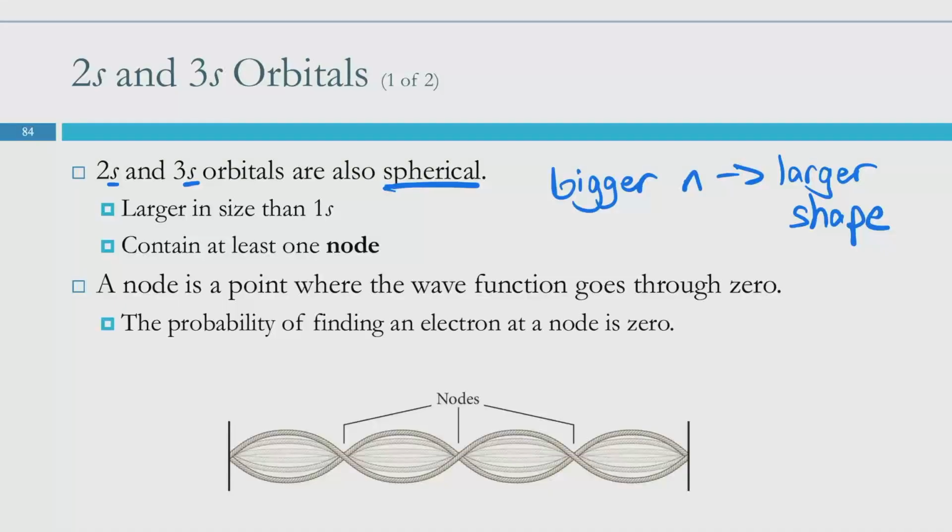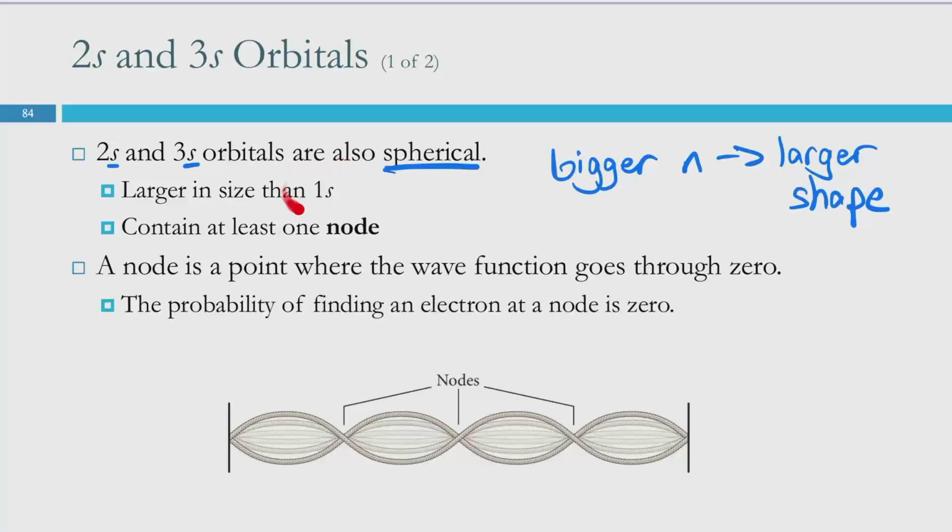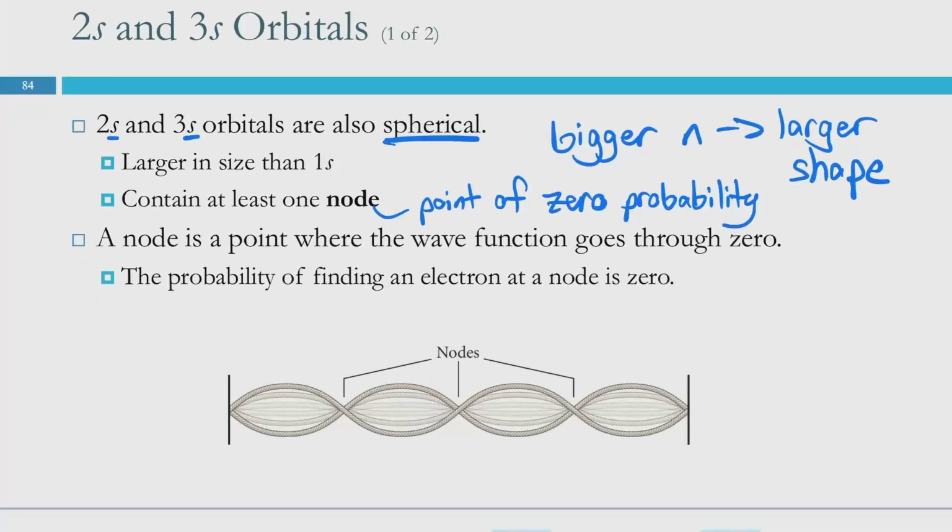So our 1s is a small sphere, our 2s is a sphere that's bigger than our 1s, our 3s is a sphere that's bigger than our 2s. So these are larger in size, and they also contain a node. This is a point of 0 probability. So these include spots where we are never going to find the electron, or we would expect to never find the electron.